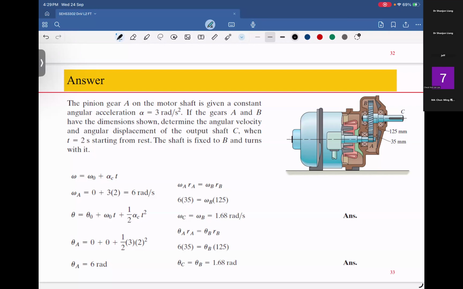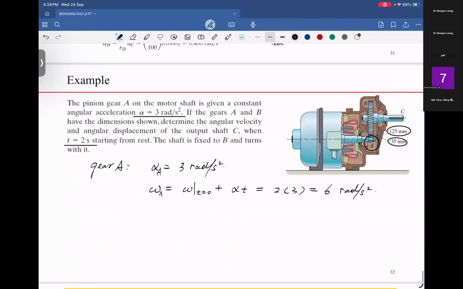Oh, the last one is angular displacement, right? Angular displacement is actually the angle, right?